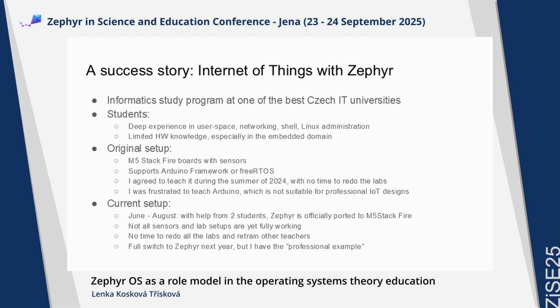So the original setup was that the person who designed the course before me decided to use the M5 Stack Fire devices with some additional sensors to create the sensor nodes. We typically use two M5 devices per student.